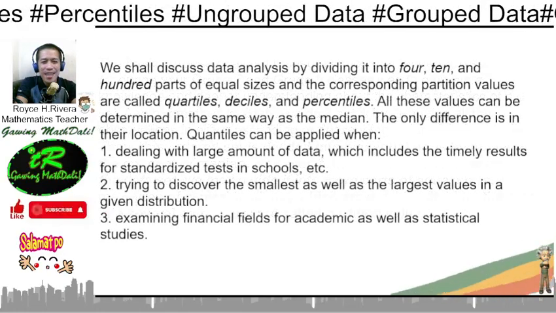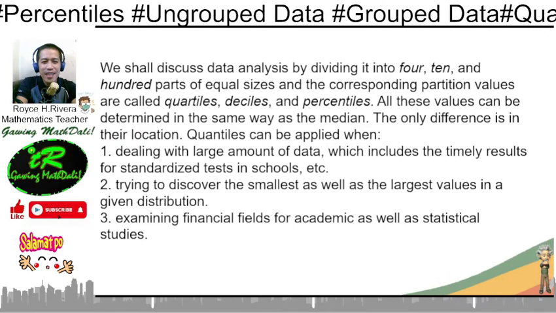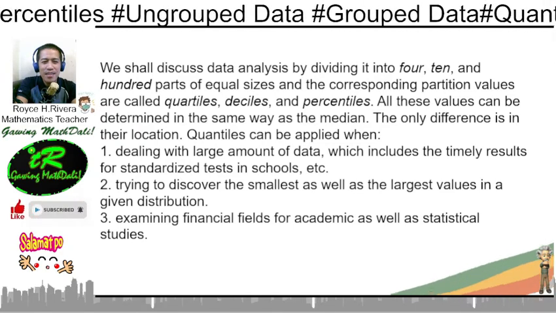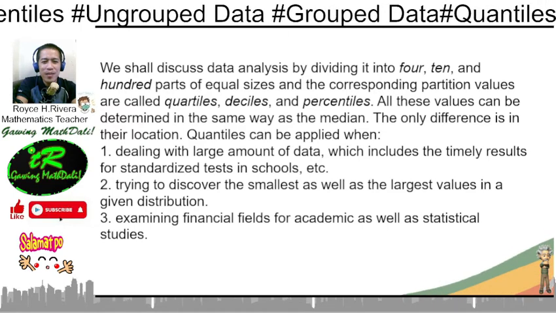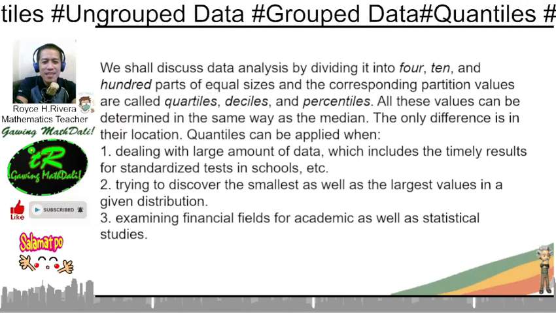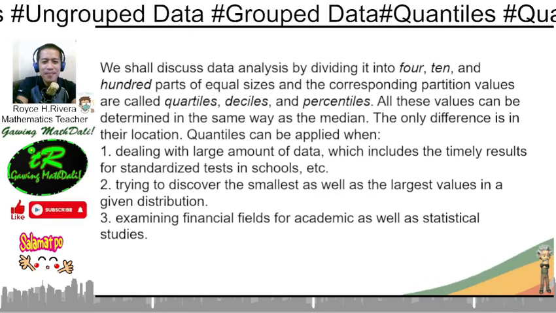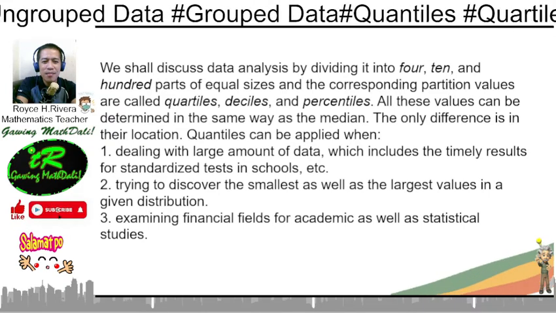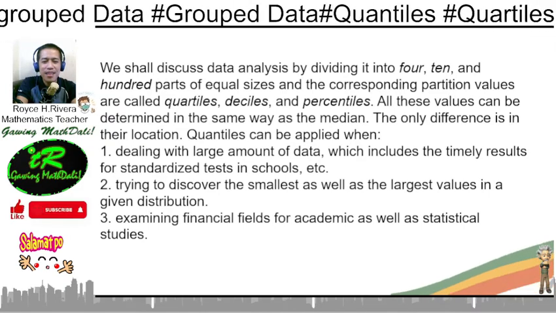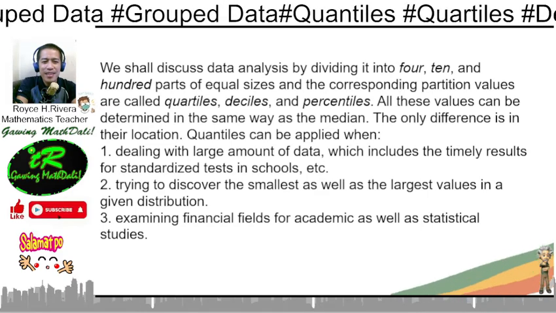We shall discuss data analysis by dividing into 4, 10, and 100 parts of equal sizes, and the corresponding partition values are called quartiles, deciles, and percentiles respectively. All these values can be determined in the same way as the median. The only difference is in their location.